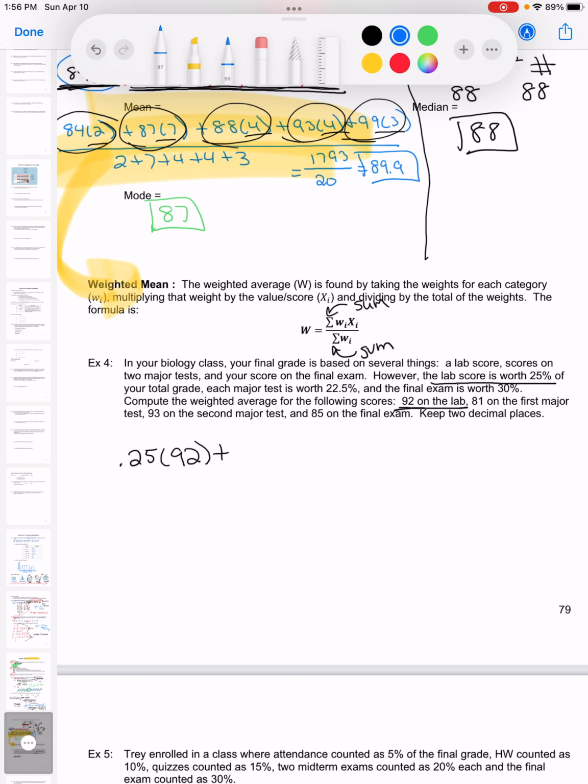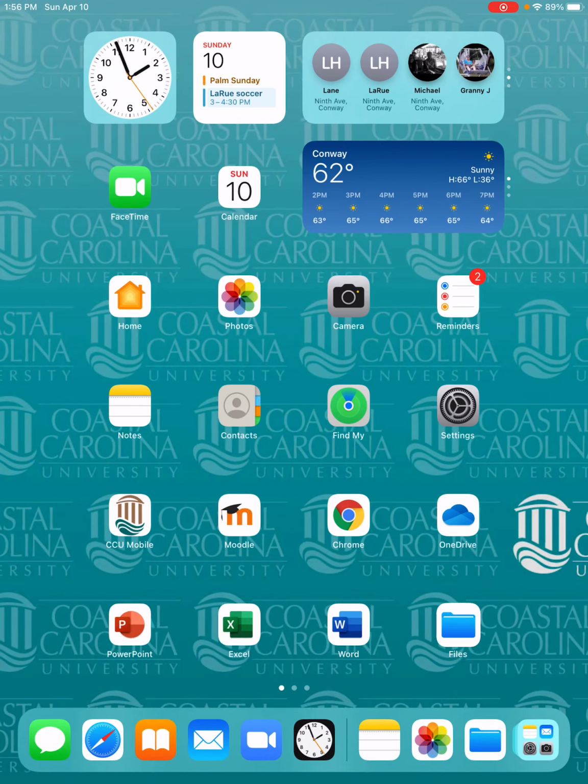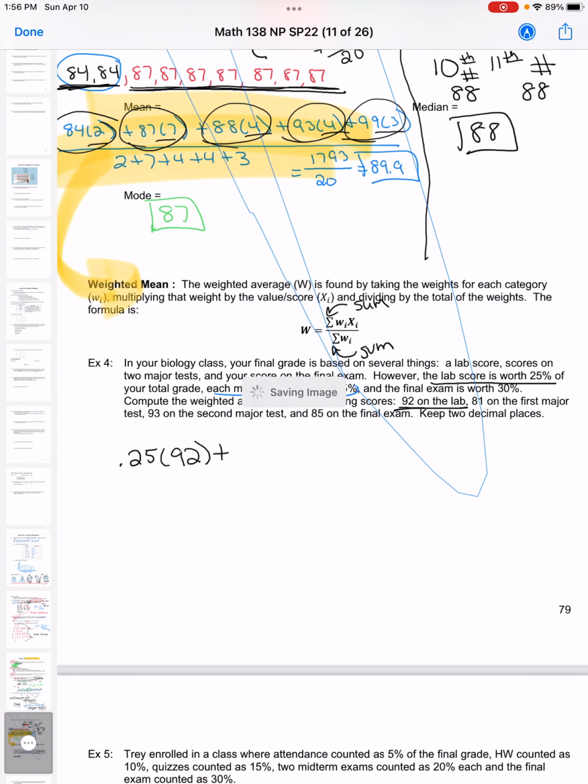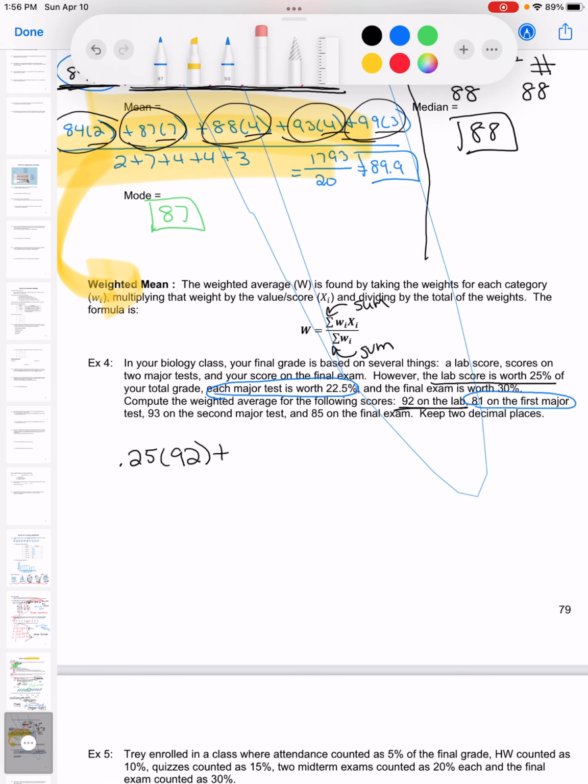Let's see. Each major test is worth 22.5%, and on the first major test, I scored an 81. Oops, let me keep them all in order here.